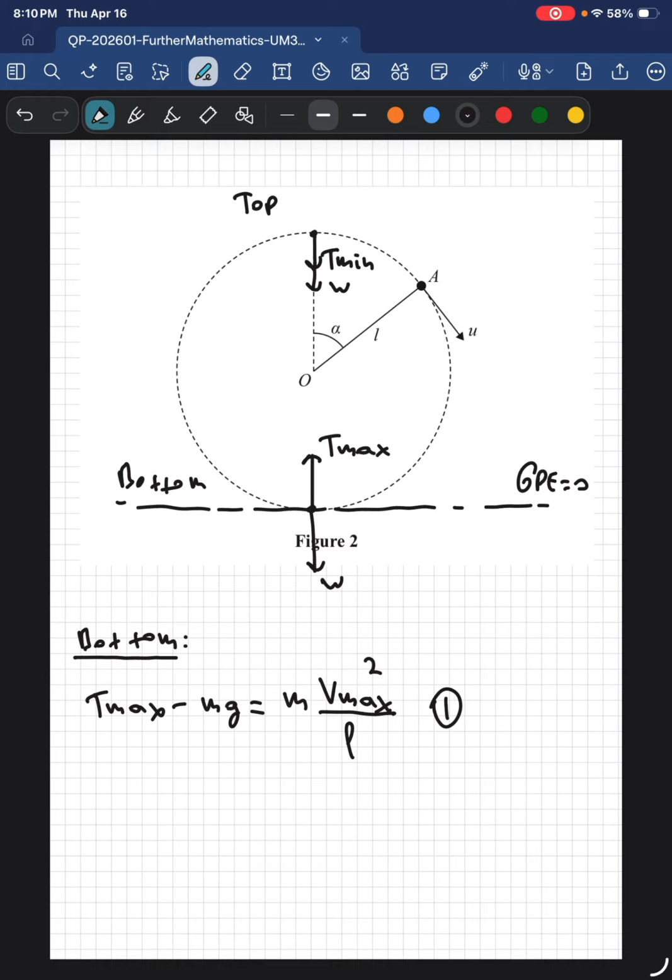So let's call this equation 1. And let's do the top. Okay, at the top we have T minimum plus mg is equal to m times v minimum squared over L. So this is equation 2.